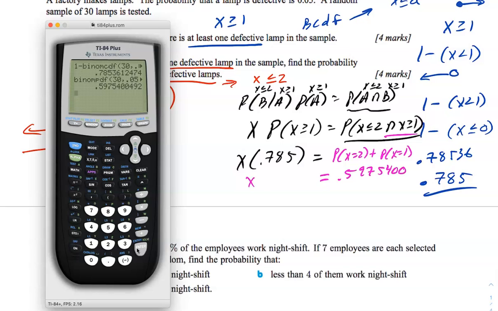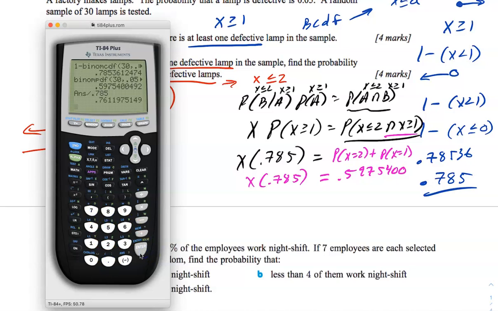So this is going to be 0.5975400 times this. Kind of important here. You notice I didn't round on this one, because it's in the problem where I found this answer. Over here I did use a rounded answer. So that's why. If I have that answer already, even though it's rounded, you use that. They don't want you to round too soon. If it's in the current problem, you leave it the way it is. Then I just divide by this. I'm going to divide that by my answer before, 0.785.